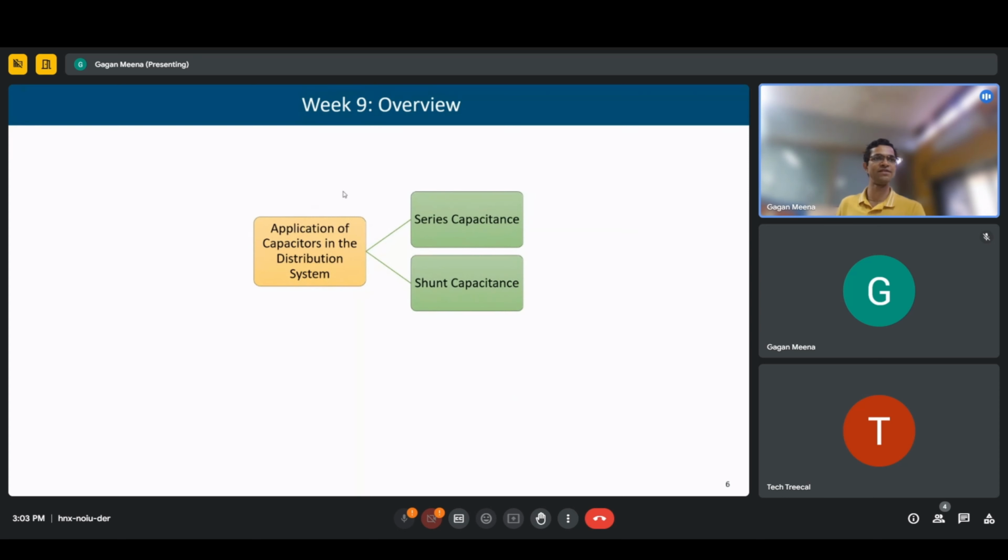So in week 9 we basically discussed, actually we started in week 8 itself. The discussion was on the application of capacitors in the distribution system.